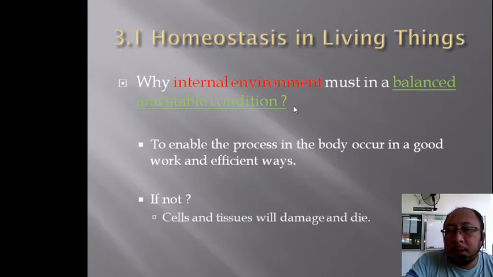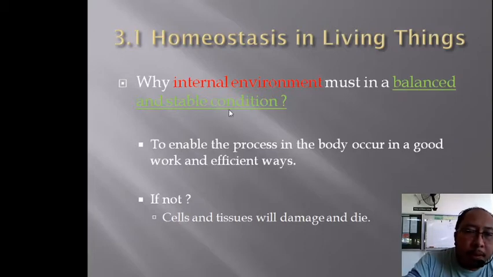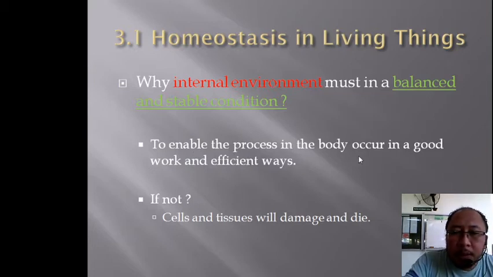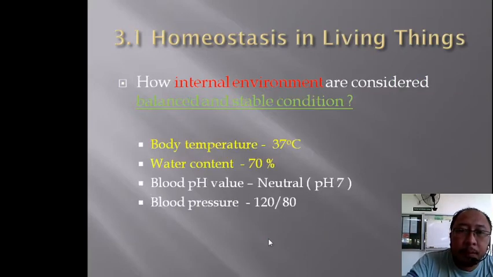Why internal environment must be in a balanced and stable condition? First one is to enable the process in the body to occur in a good and efficient way. What happens if the internal environment is not in a balanced and stable condition? Cells and tissues will be damaged and die.